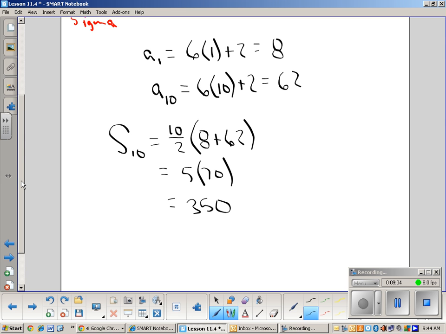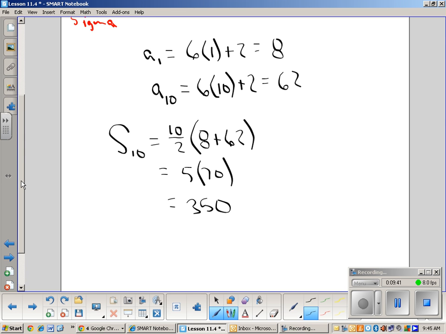So what the formula realized is since there's a pattern to it, it follows the same sequence all the way through. If I take half of the numbers and call them all 70, then when I add up those 5 numbers of 70, it's going to be the same as adding up all the numbers. Because half of these numbers are going to be smaller than the middle, and the other half's going to be bigger than the middle, right?